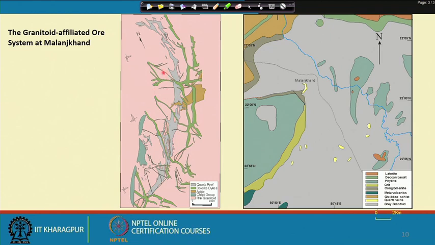They do not have any role in controlling the mineralization. So, this aplitic body and the mafic dikes are all post ore.